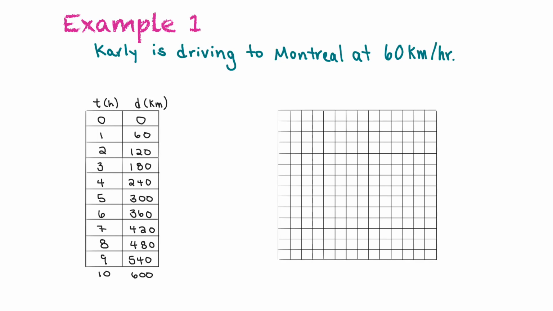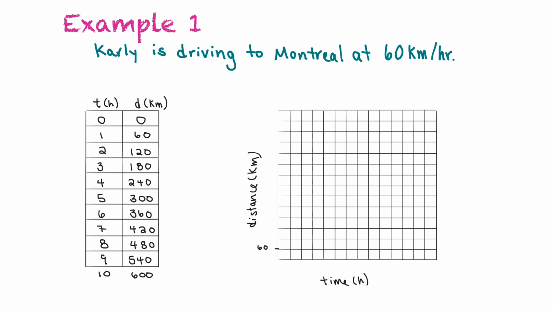So our y is our dependent variable, so that's the distance in kilometers. And then our independent variable is time in hours. So we are going to go up by 60 kilometers each time.